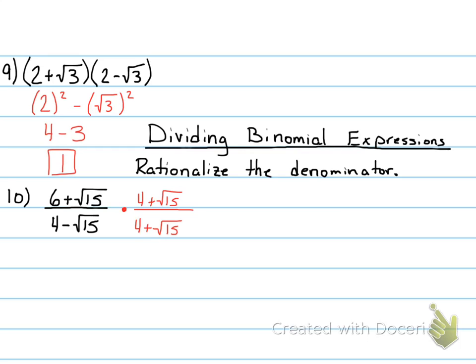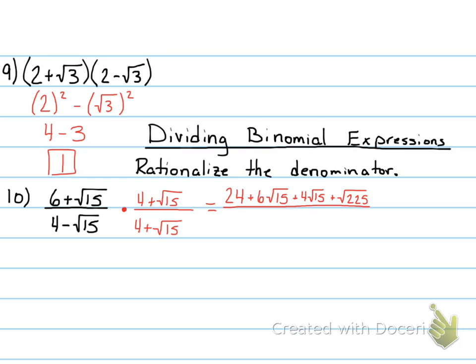Okay? So we still have to use the FOIL method for all of this. So for the top, we're going to go 6 times 4, which ends up being a 24. 6 times the square root of 15, which is 6 square roots of 15. We then have the square root of 15 times 4, which ends up being a positive 4 square roots of 15. And then the square root of 15 times the square root of 15 is the square root of 225, which in a little bit we will simplify.